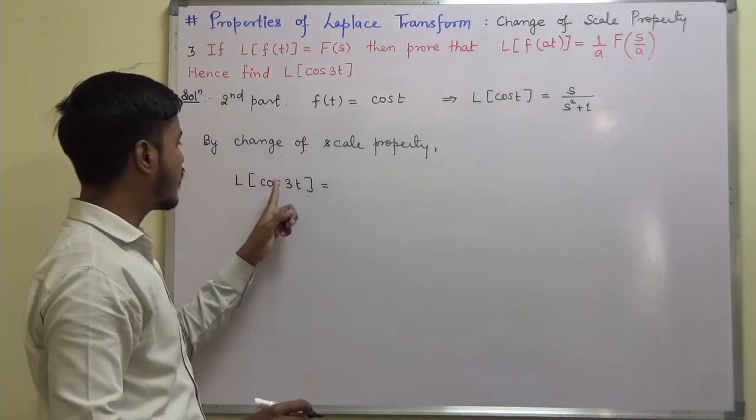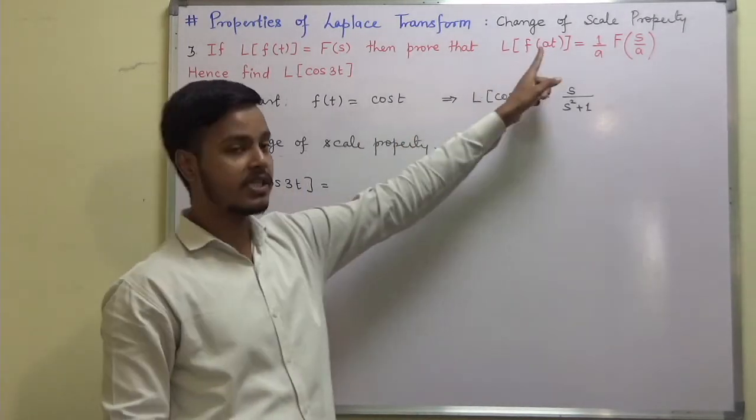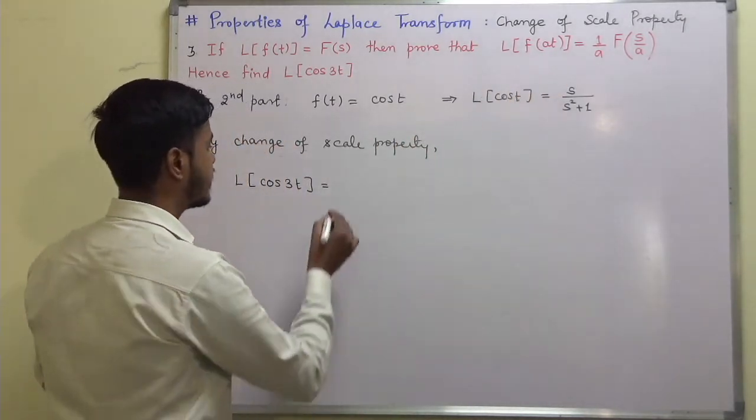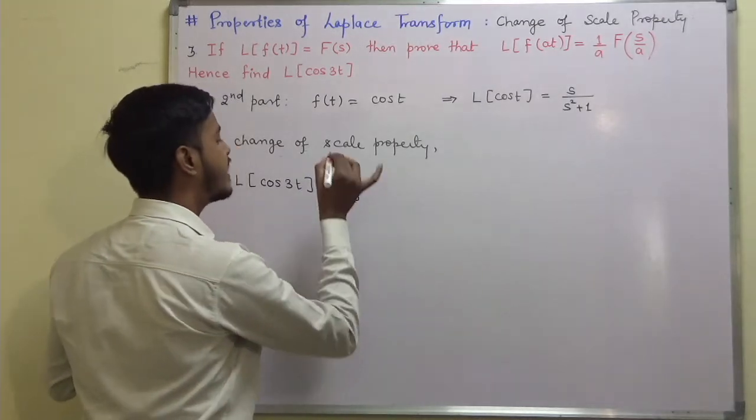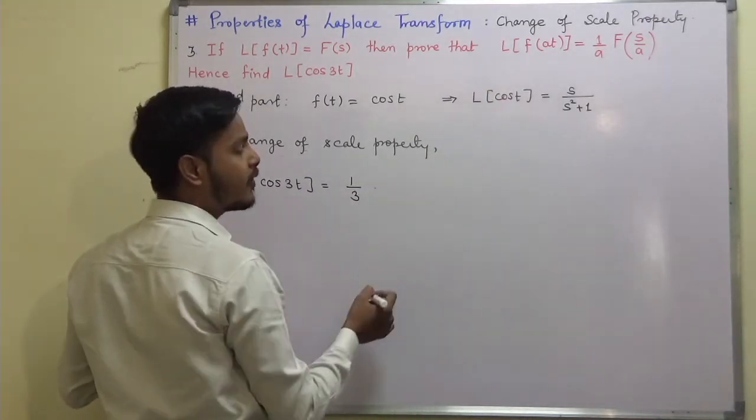Laplace transform of cos 3t. If you compare with this change of scale property, a is 3. So it is 1 by 3 into f of s by a.